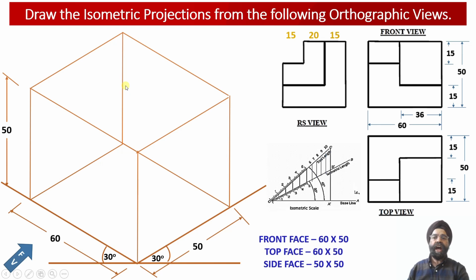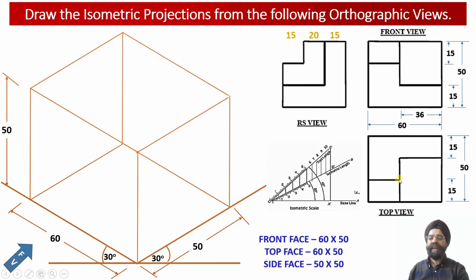Now let us try to fit in the different elements available with us corresponding to this engineering object into this isometric projection. As we are going to observe, this orthographic construction has the front view projections, the side view projections, and the top view projections.